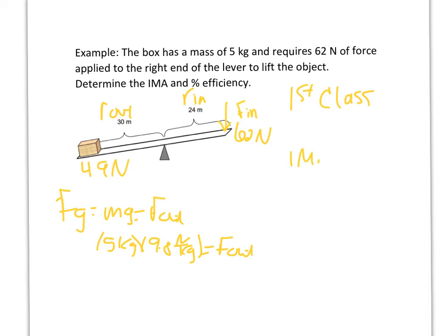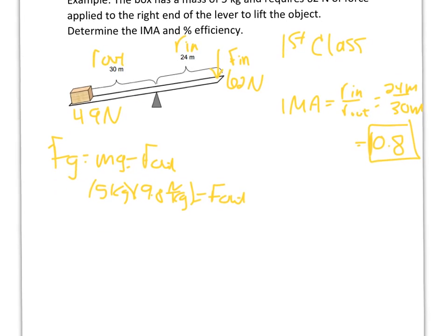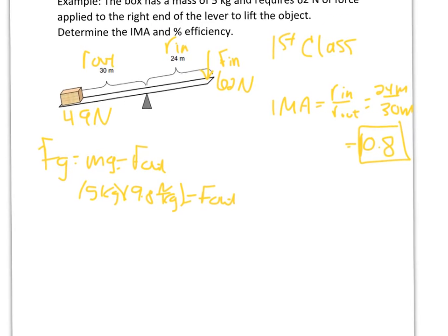So IMA for levers is R in over R out, which equals 24 meters divided by 30 meters. 24 divided by 30 equals 0.8. We are looking for a percent efficiency. In order to get that, we also need the AMA.